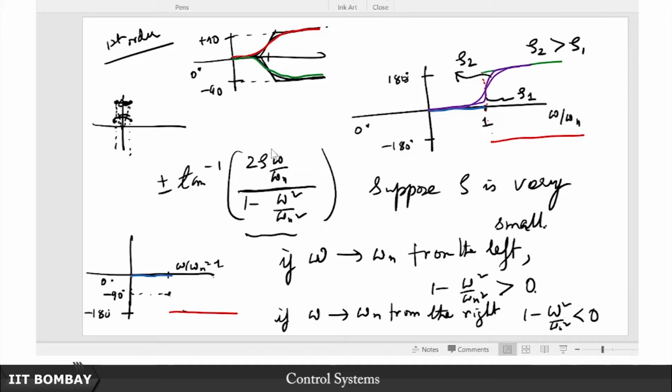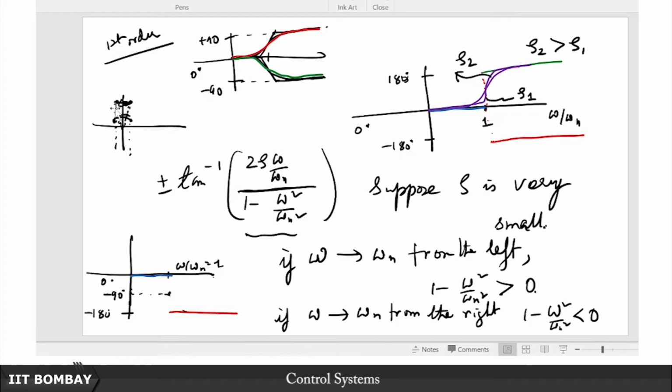Now you see that of course if zeta is very small, then the numerator is also very small, so you basically have a greater phase shift as omega transitions from, let's say, omega n minus epsilon to omega n plus epsilon. On the other hand, if zeta is very large, almost close to unity or maybe 0.8 or thereabouts, then this is not so small after all, so then the imaginary part is larger.